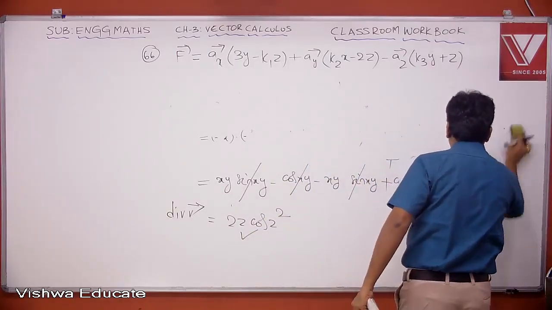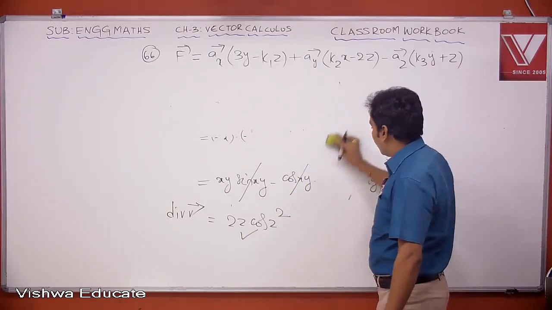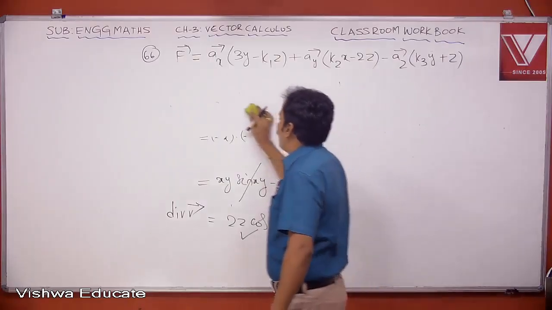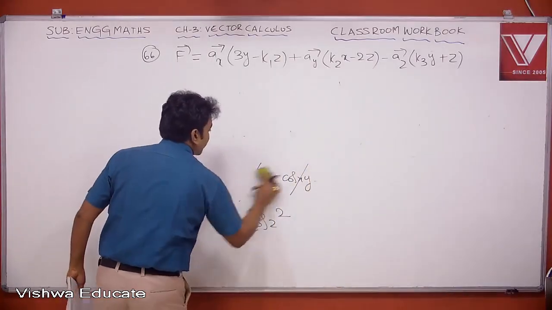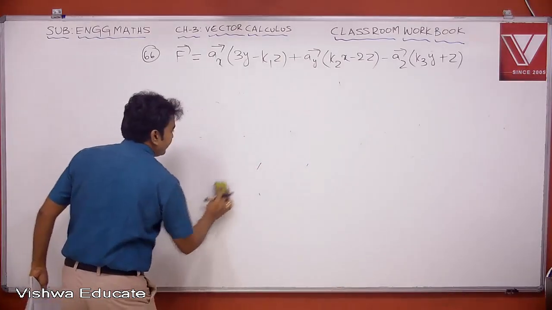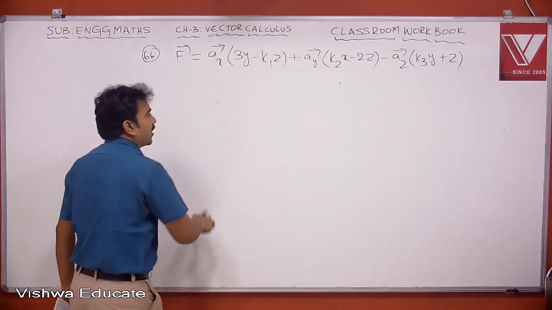So in this case we need to find the values of k1, k2, k3 when this vector is an irrotational vector. What do you mean by irrotational vector?